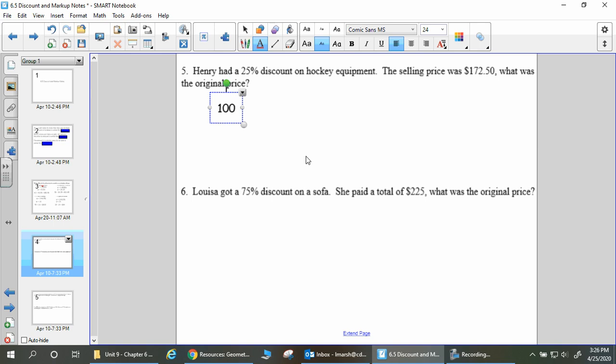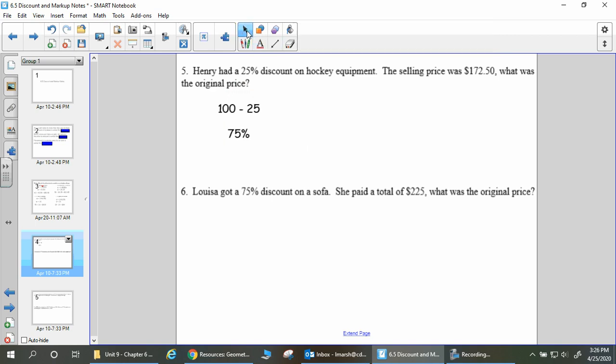So if there is a 25% discount that I'm subtracting, that means I'm paying 75% of an item. So 75% of the original price is what I paid. That's the format we want to use.